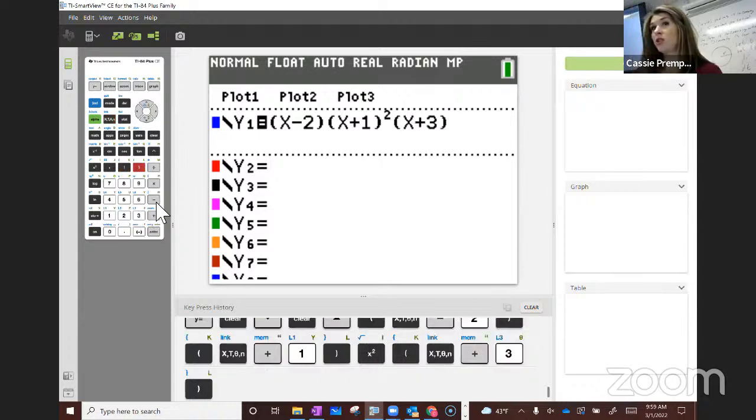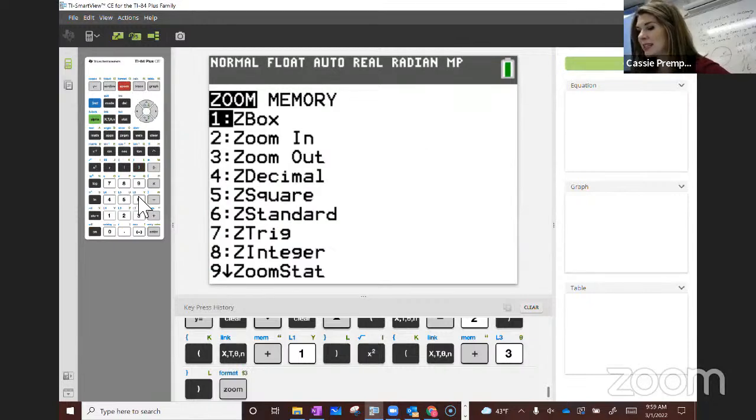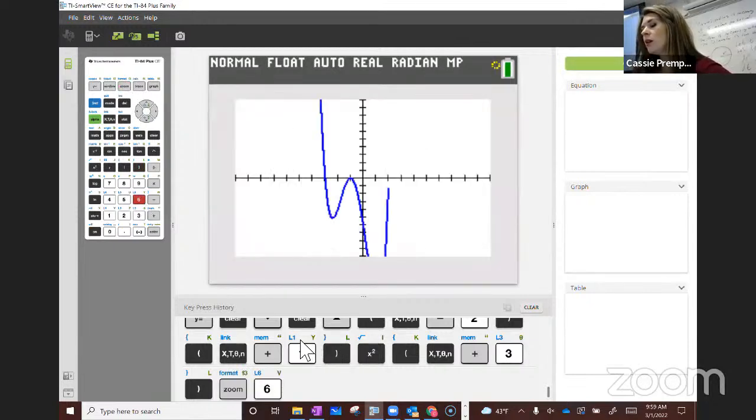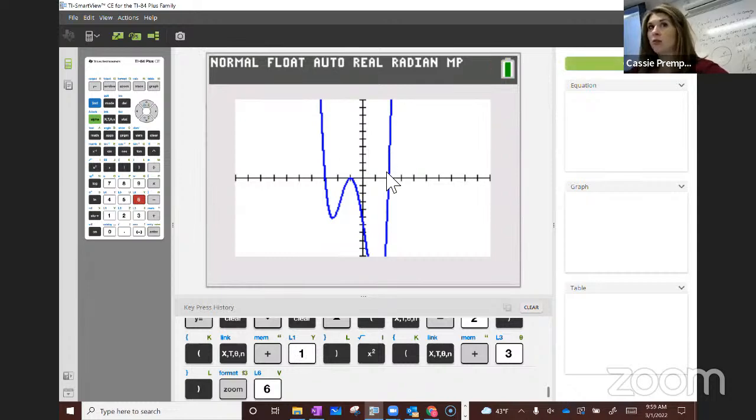You might have to press zoom 6 if your window is zoomed in from the other worksheet. I know my window is off, so I'm going to press zoom 6 to take me back to a standard window. And now I can see this function. I was pretty close in my sketch. I went down to -6. I didn't go further down, but right now we're just looking at a sketch.